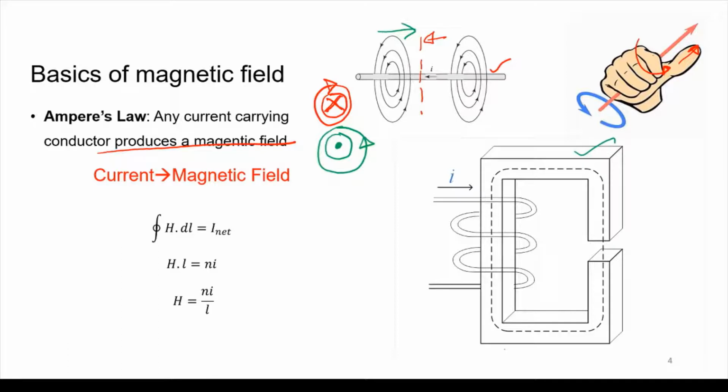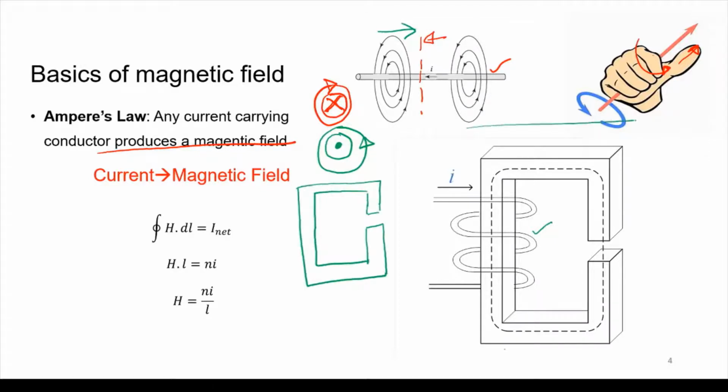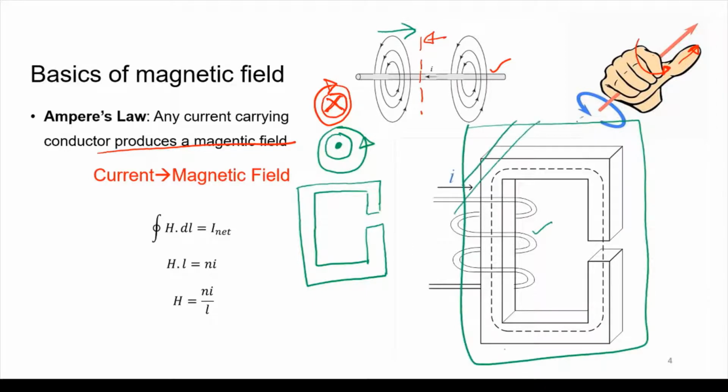Now let us consider the magnetic core here. And we have a wire wound around this magnetic core like this, as shown in this figure. Let us find the direction of the magnetic field. So let us consider the cross section of the core. We'll discuss more in detail about the core in the latter part of the lecture. The cross section of the core is taken through this plane.